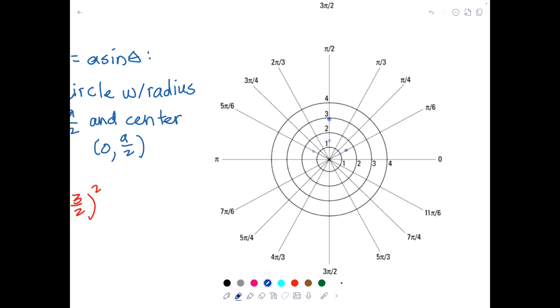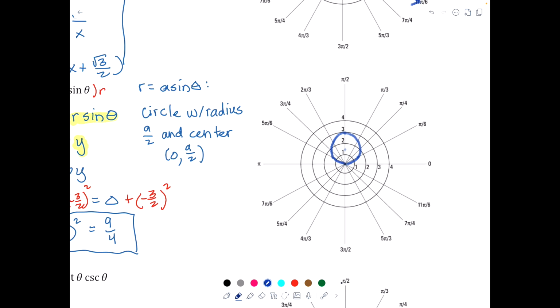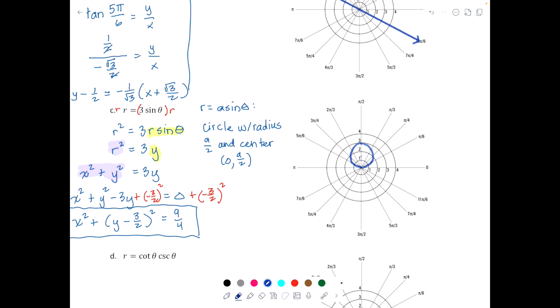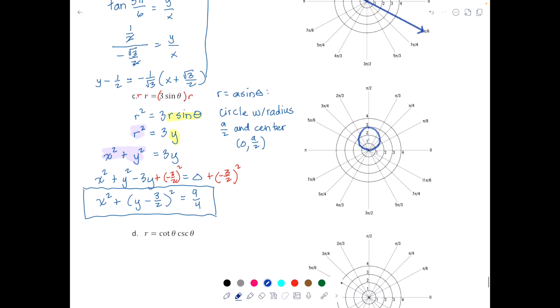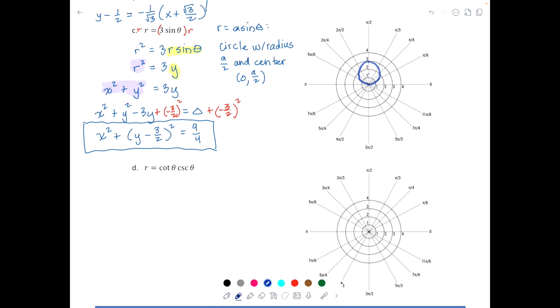And when you're at 0, you're going to be at 0. Cool? So your circle is going to look something like this. So when you have a sine theta, it sits on top of that x-axis, intersects at the pole, and the radius is half of the coefficient of the sine function.